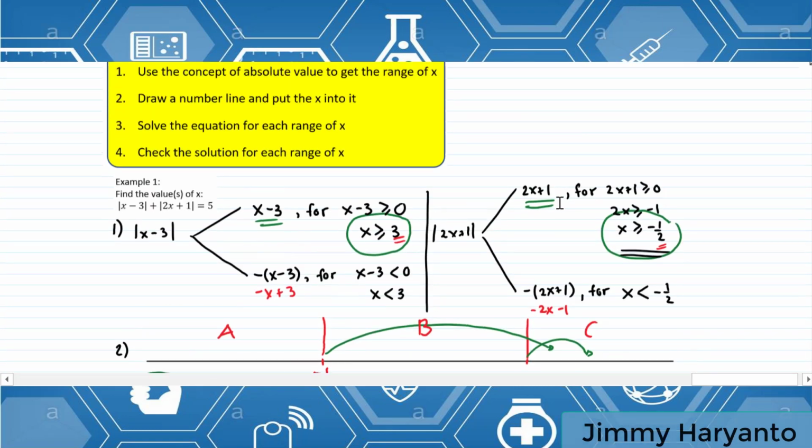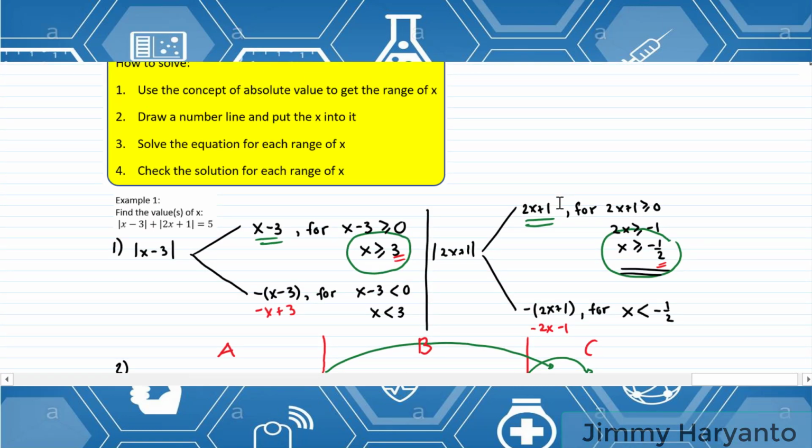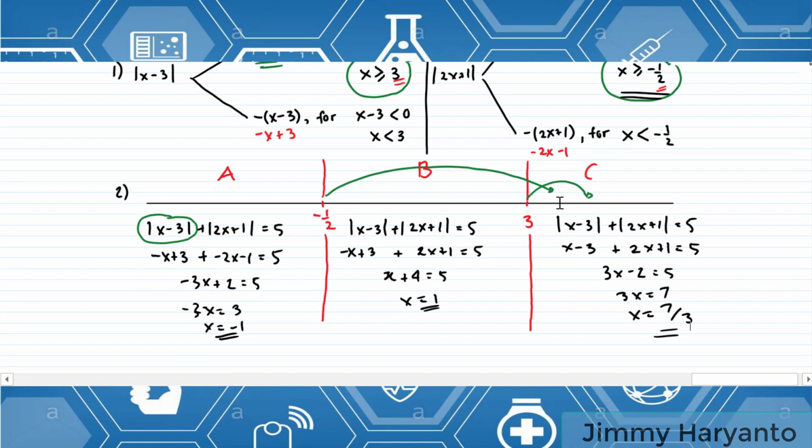The last step, the fourth step, is to check the solution for each range of x. Okay, how to check it? First, we check room A, x equals negative 1. Look at the range of room A. Okay, room A, the right border is negative half.